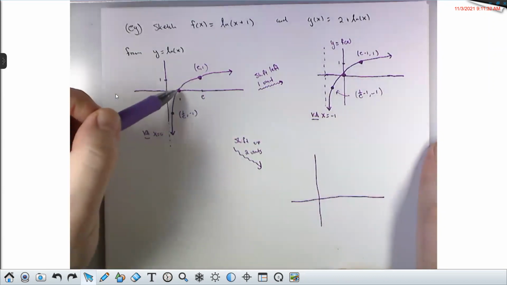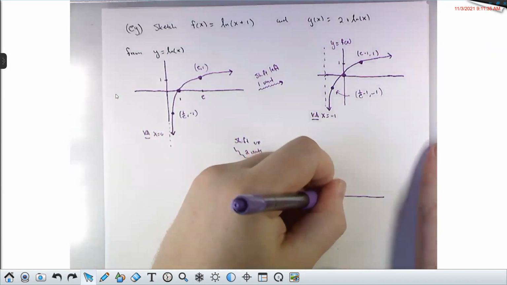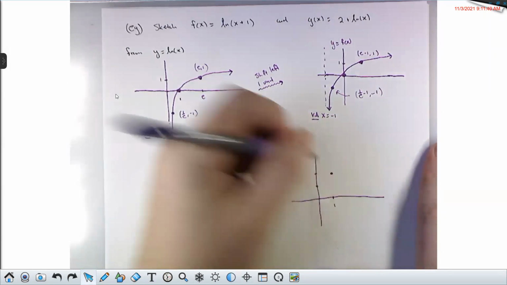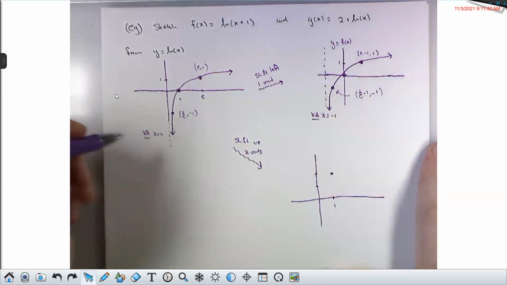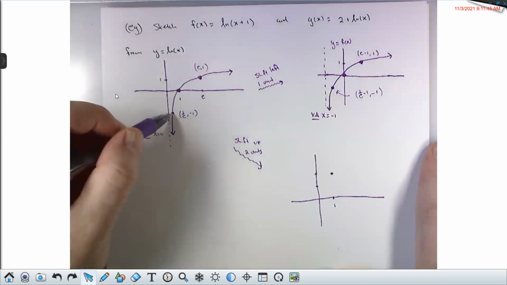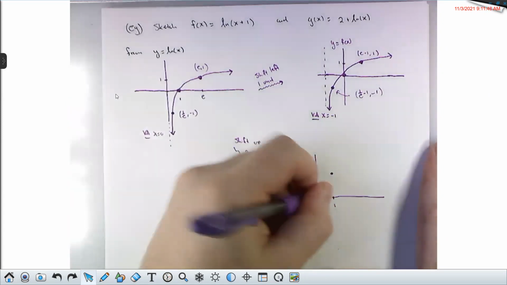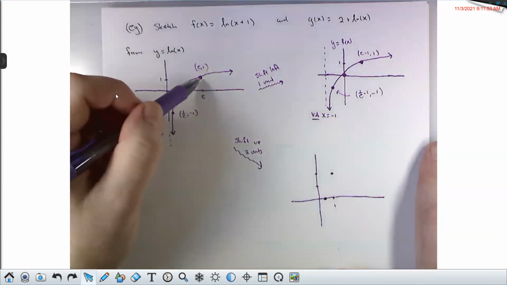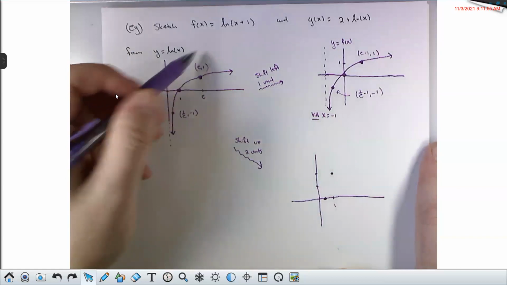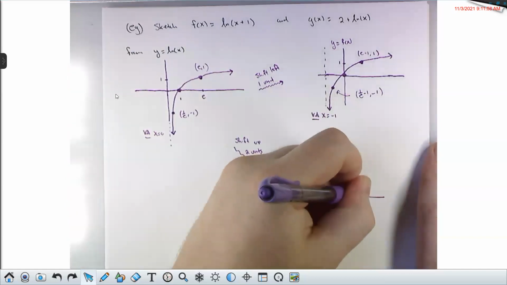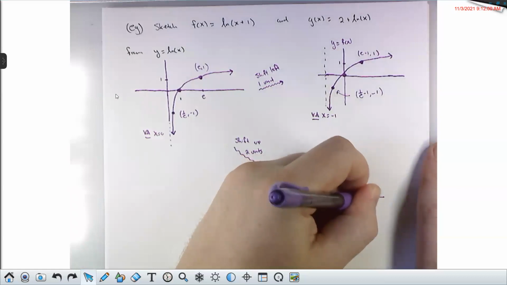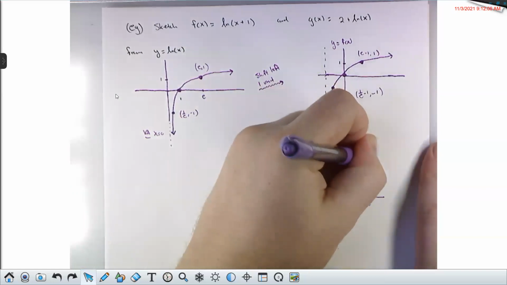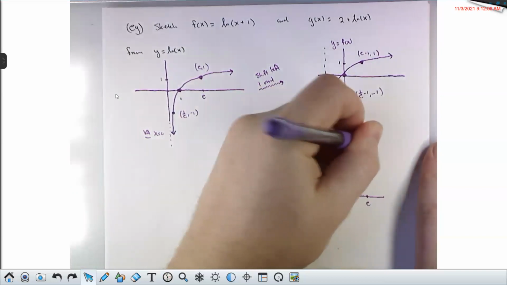So the point 1 comma 0 is going to become the point 1 comma 2. The point 1 over e comma negative 1 is going to move up 2 to 1 over e comma 1, and the point e comma 1 is going to move up 2 to the point e comma 3.